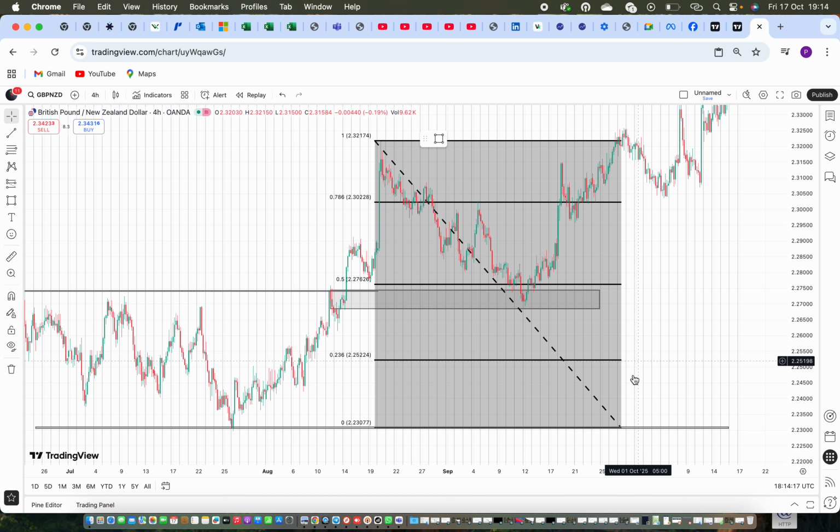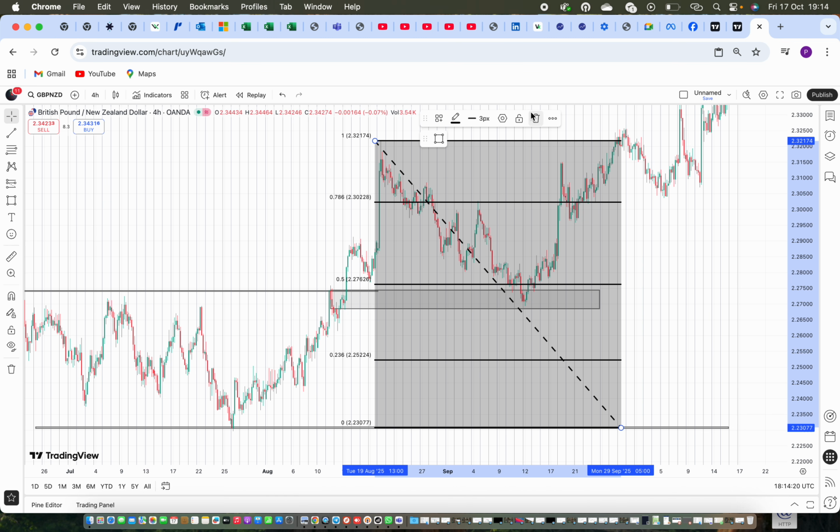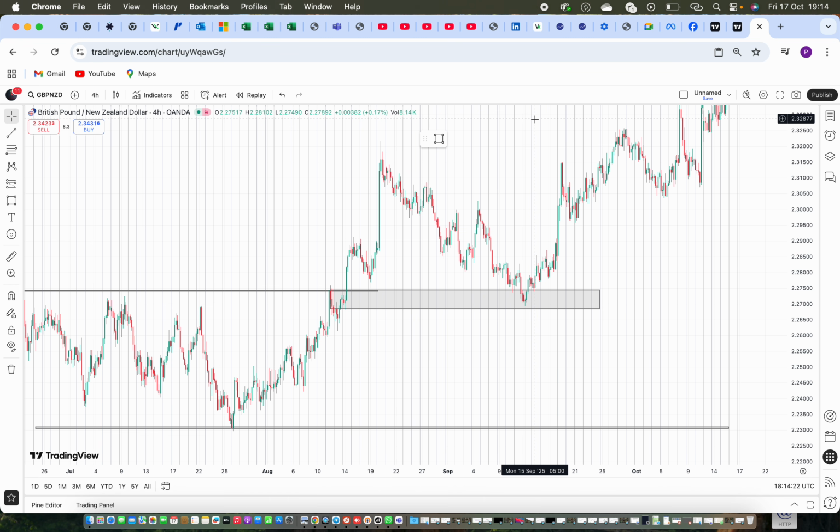So you need to understand that liquidity are measured zones or pools whereby we have a lot of orders sitting in the market, and most of the time they are found below the 50% retracement after every break of market structure.